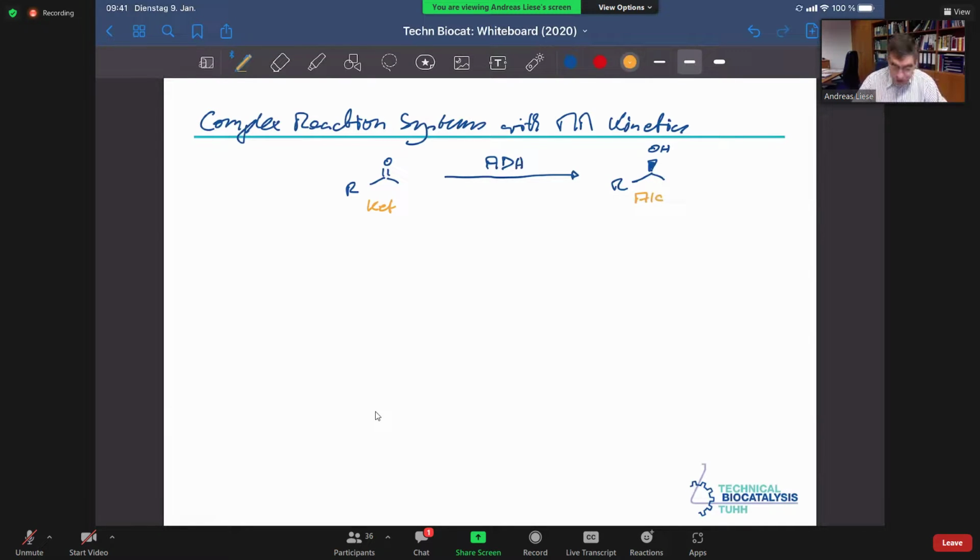Yeah, and then we need a cofactor. So we have the cofactor recycling term. For the reduction, we need the reduced cofactor NADH, generating the oxidized cofactor NAD+, which at the same time will be the cofactor used in the cofactor regeneration.